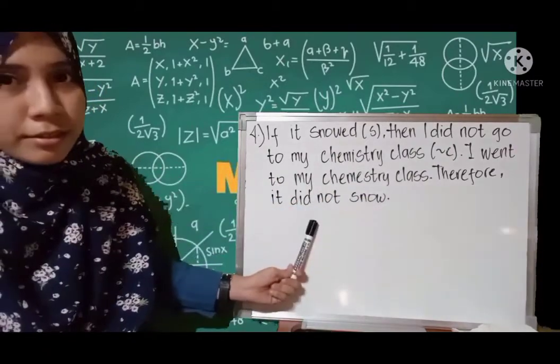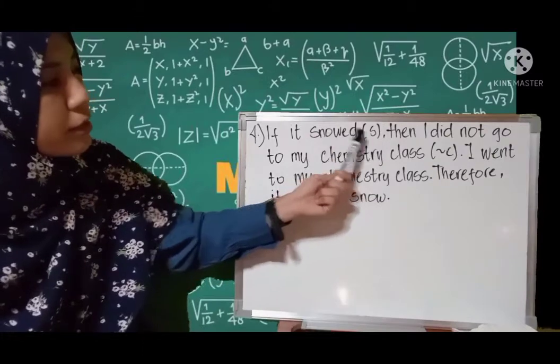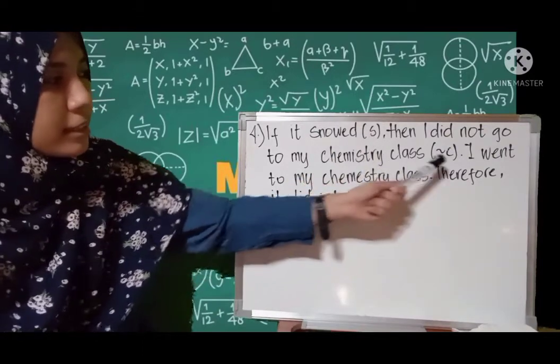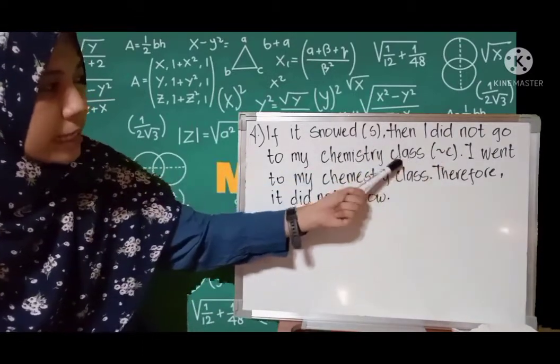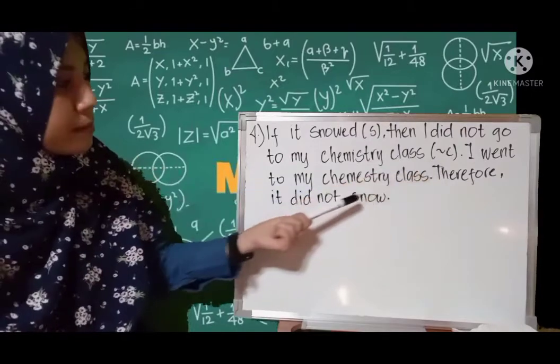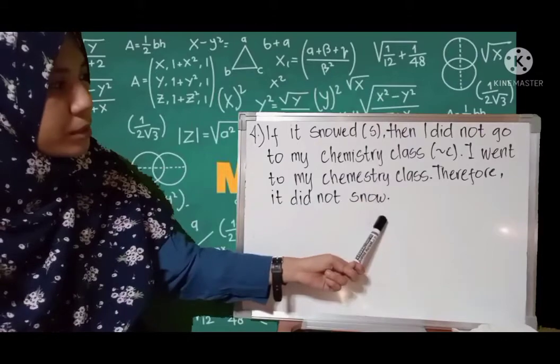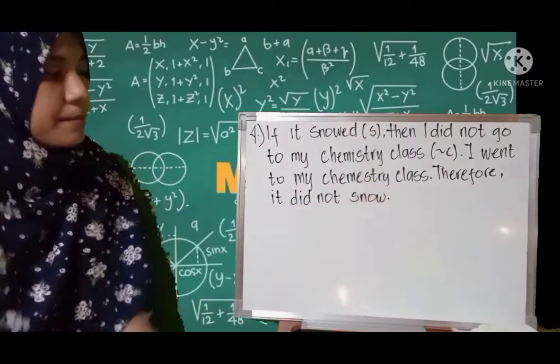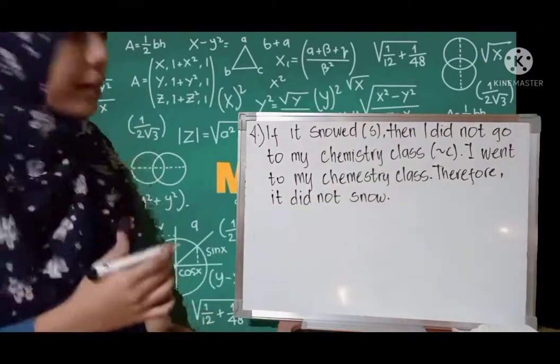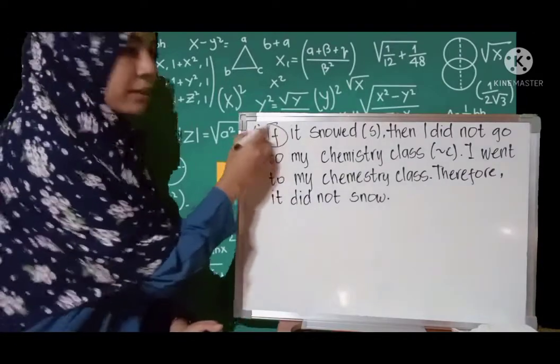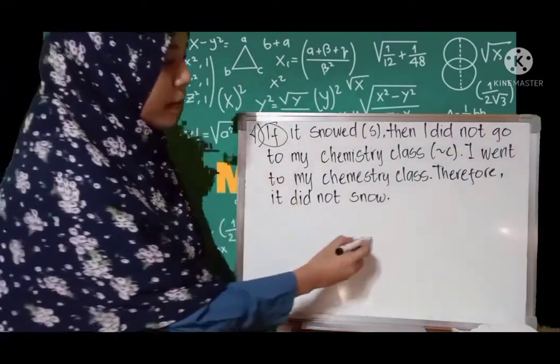Snowed represent S, class represent C, therefore, did not snow represent S. So, ginamit nito yung if, arrow.